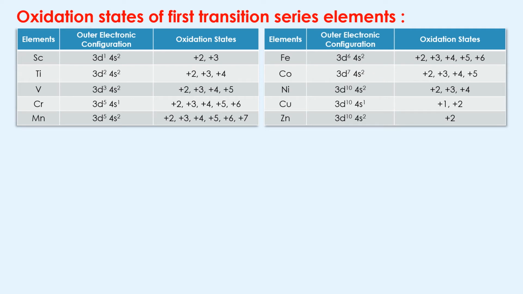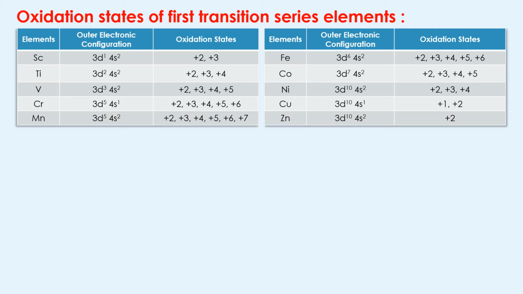Then iron, showing oxidation state from +2 to +6. Cobalt showing oxidation state from +2 to +5. And nickel, that is from +2 to +4. Copper showing +1 and +2 oxidation state. And zinc showing +2 oxidation state.